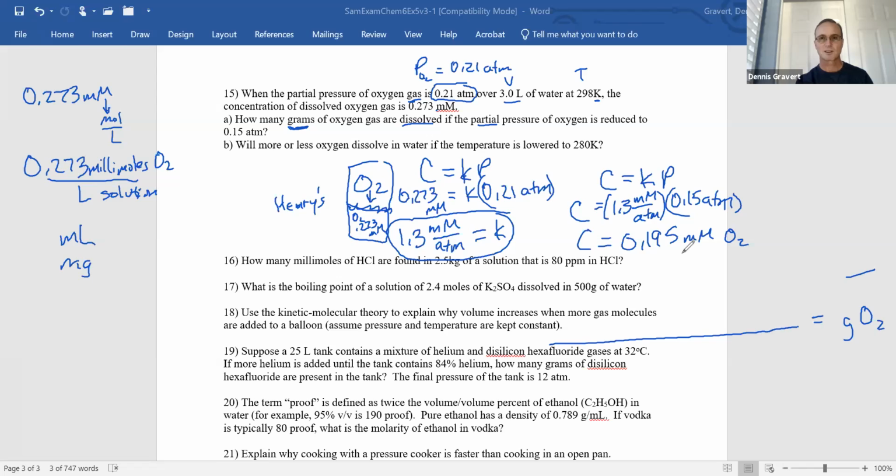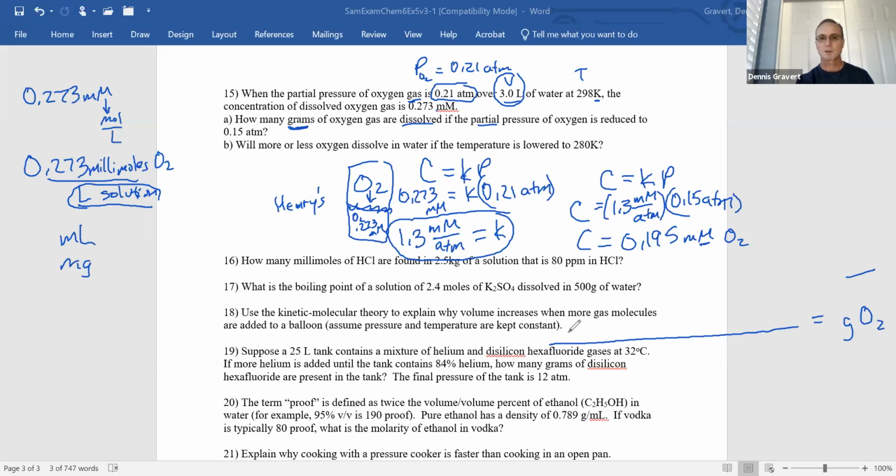What else do I know? Well, what else am I given here? There's moles here, but I don't see moles anywhere in the question. But there's liters here. Liters of solution. That's what this M stands for. And I actually do have liters of solution right here.